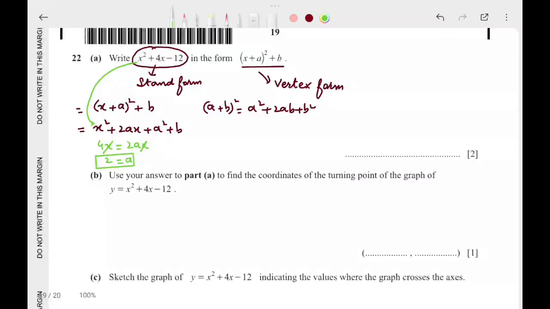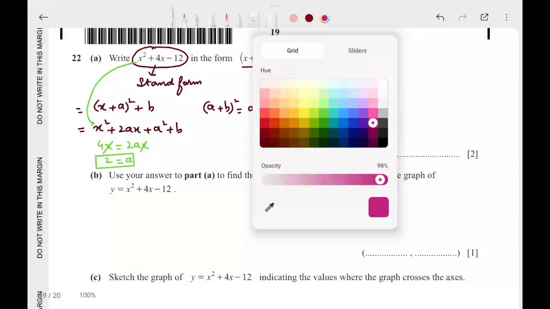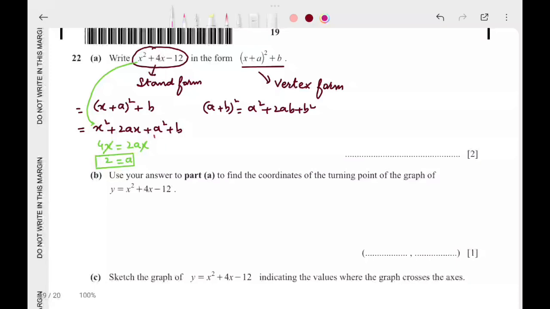Now we have to find out the value of b, and for that purpose we have to compare the constant, that is minus 12 with a squared plus b. So it would be a squared plus b is equal to minus 12, that is constant.